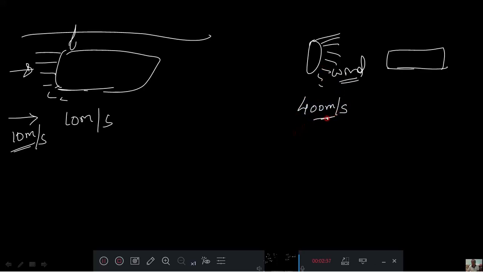Do you know what this 400 meter per second means?